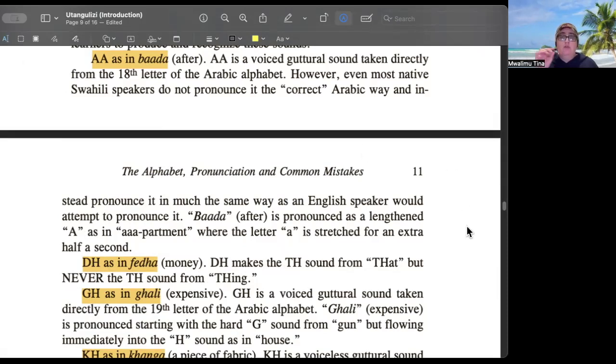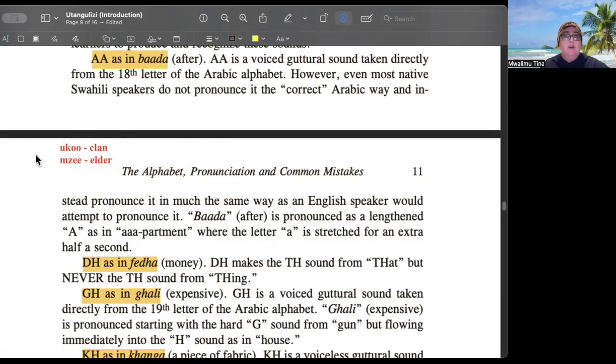When we have 2 vowels at the end of a word, for example, let's take the word uko, meaning clan, or even mzee, an elder, usually an elder man.